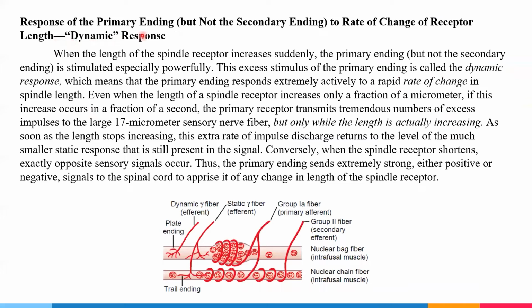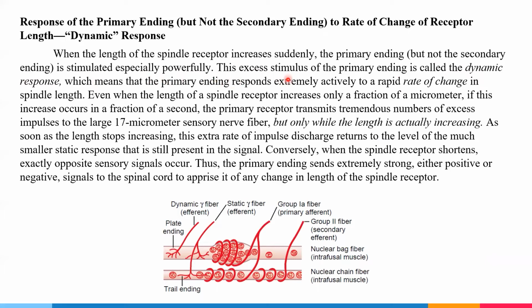Next, the response of the primary ending, but not the secondary ending, to the rate of change of receptor length, which is the dynamic response. When the length of the spindle receptor increases suddenly, the primary ending, but not the secondary ending, is stimulated especially powerfully.